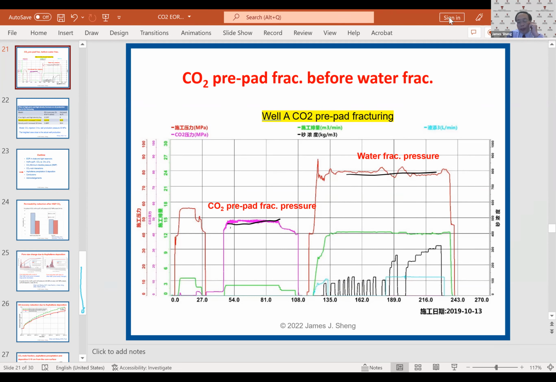Huff and puff gas injection is much better than gas flooding. We did not do WAG because WAG itself is a flooding process. The problem is you have water. As I presented, when you add water, this kind of process does not go too well.